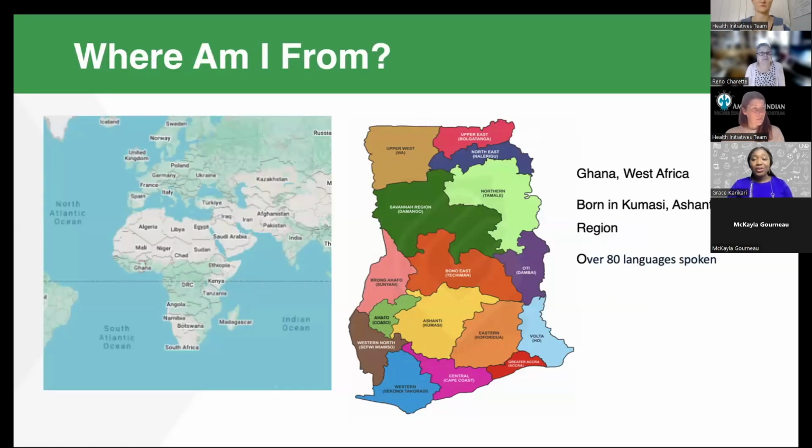But in case you are wondering, where is that accent coming from? Why is she talking like that? Well, let me help you out. I am from Ghana, West Africa, and I took the bigger map from online. Ghana will be somewhere here if you can see my arrow. That little country here also helps people see that Africa is a continent, not a country. I needed to say that.